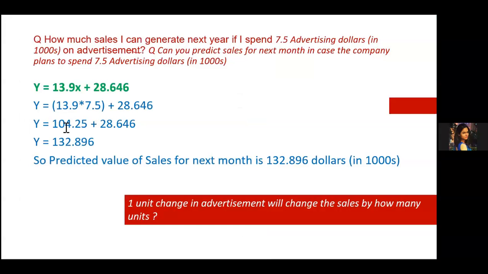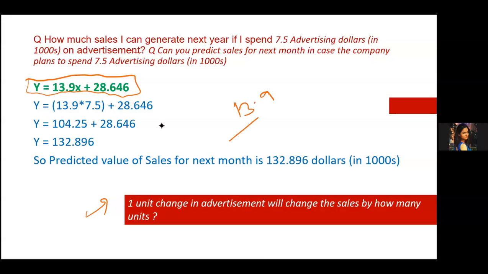Can you tell me by seeing this equation that 1 unit change in advertisement will change the sales by how many units? Just by seeing this equation. If I change advertisement by 1 unit, by how many units will my sales change? 13.9. 13.9 is the right answer.